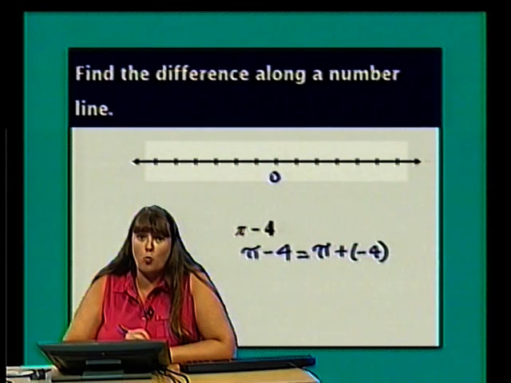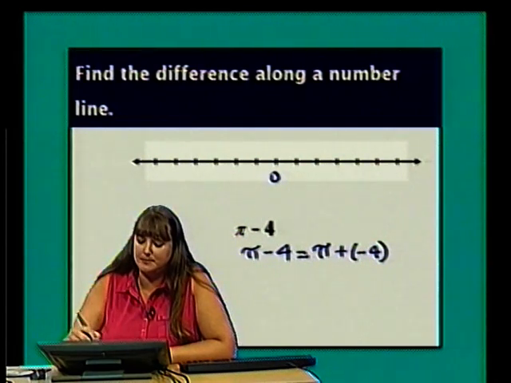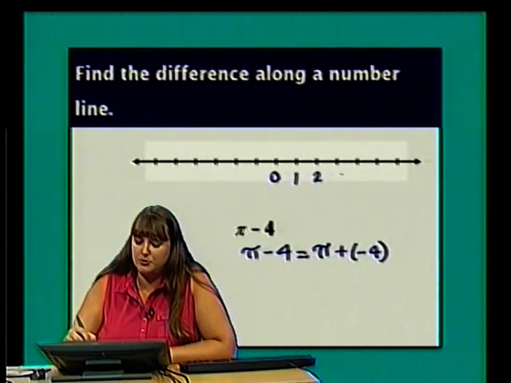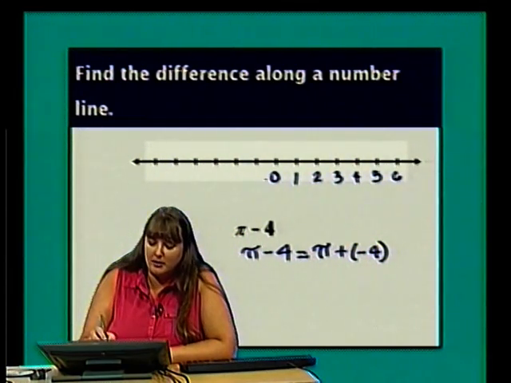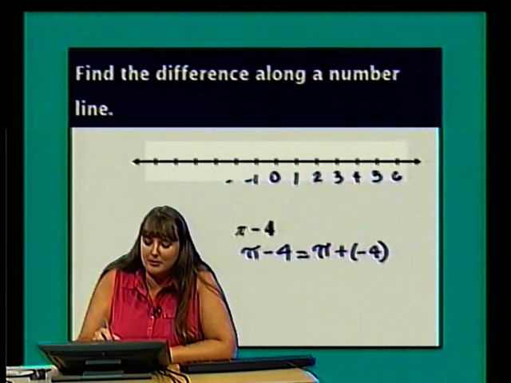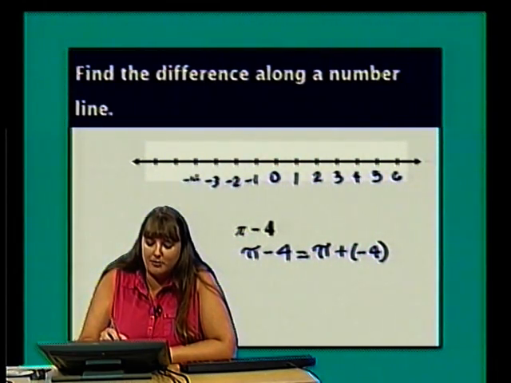And I'm just going to use 1 for my scale, since I need to move a little more than 3 units right, and then from there move 4 units to the left. So 1, 2, 3, 4, 5, 6. And on the negative side, negative 1, negative 2, negative 3, negative 4, negative 5, negative 6.